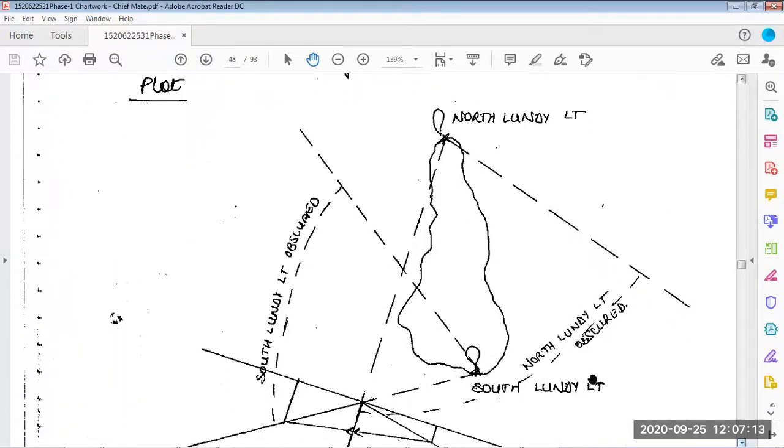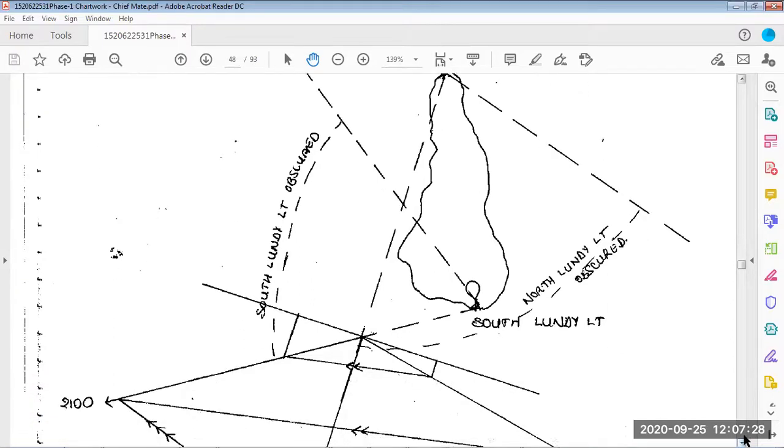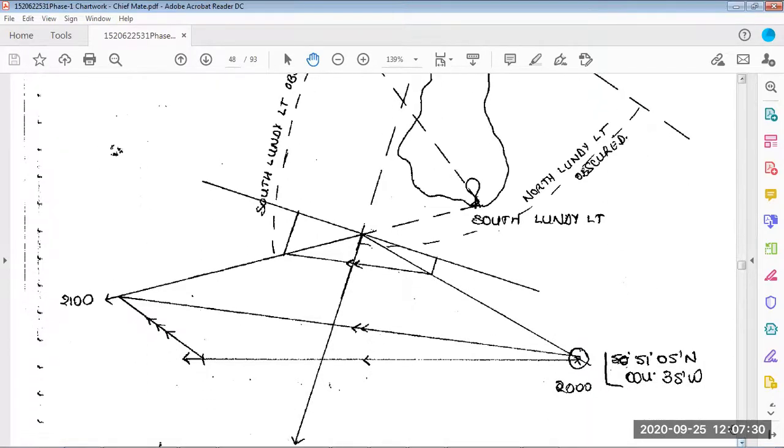We have this Lundi Island, where this is North Lundi light and South Lundi light, and we have given sectors. South Lundi light is obscured in this sector, and North Lundi light is obscured in this sector.